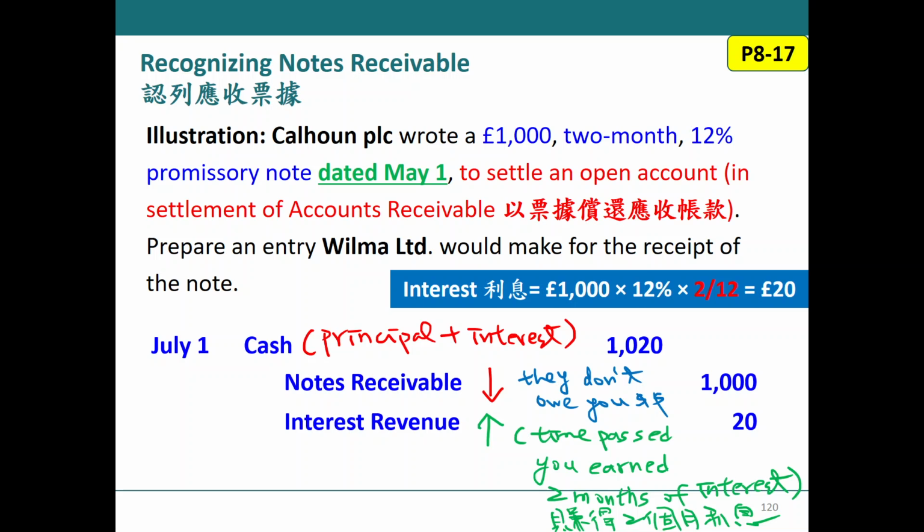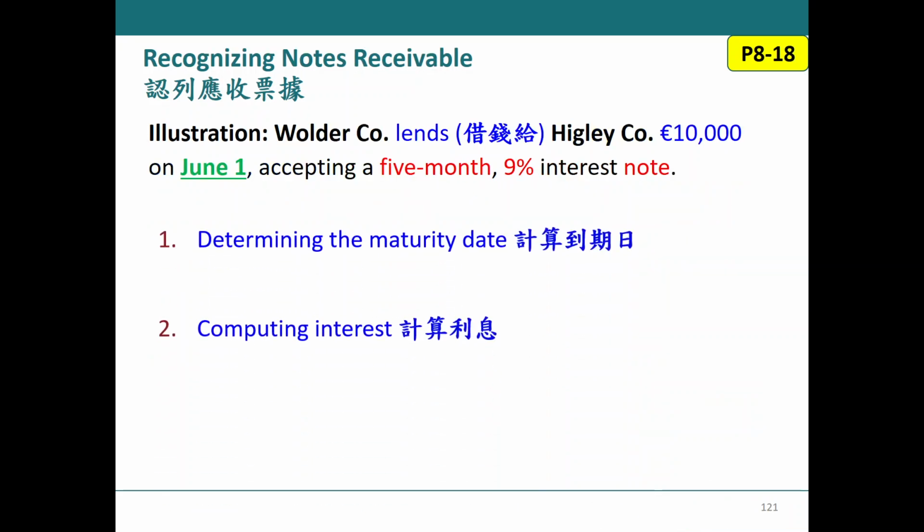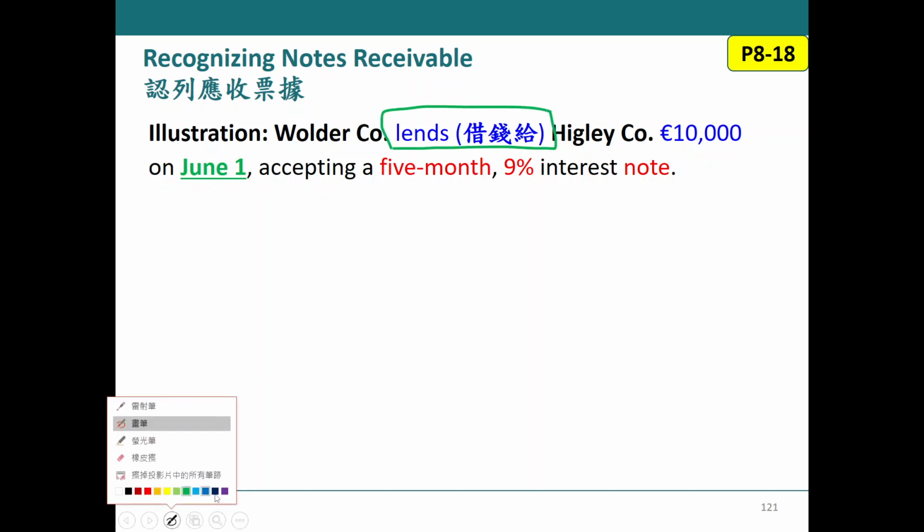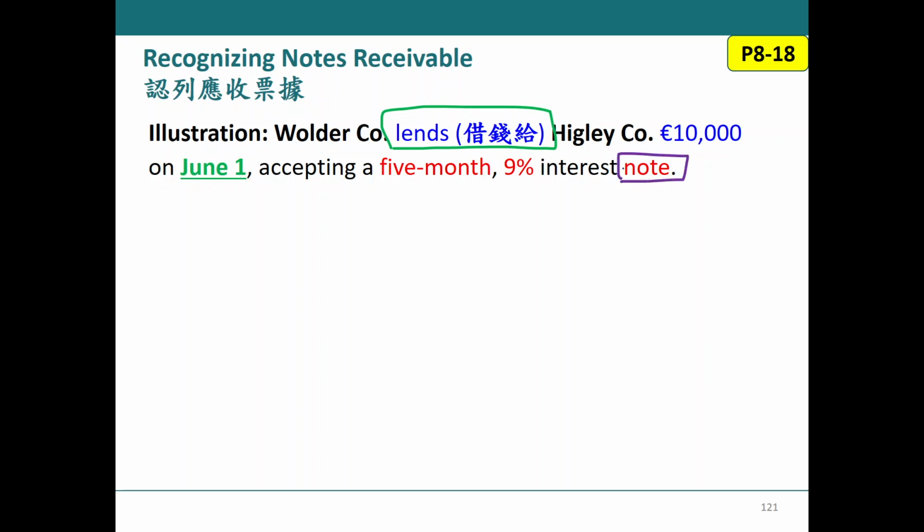No problem? Okay. So let's look at slide page 121. Today, you lend the money to someone, to other companies. Then you got a note. Okay? So remember, for the note, we have 3 basic promises. Don't forget. What are these 3 basic promises?